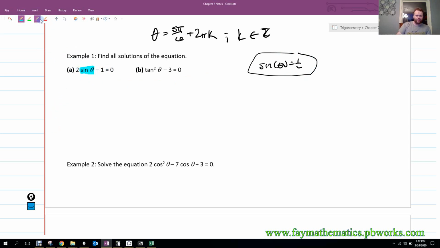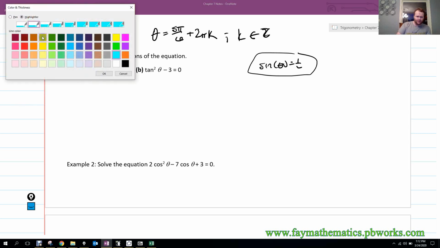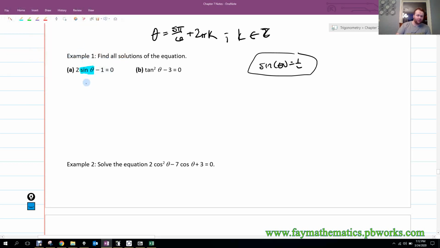That's kind of our variable. And I'll give you another way of doing this if you prefer it. We've done it in the past in college algebra with u substitution. We can use that approach too here in a little bit. But I usually just highlight my trig function and try to isolate that. So I'm going to add 1 to both sides, so we get 2 sine of theta is 1.